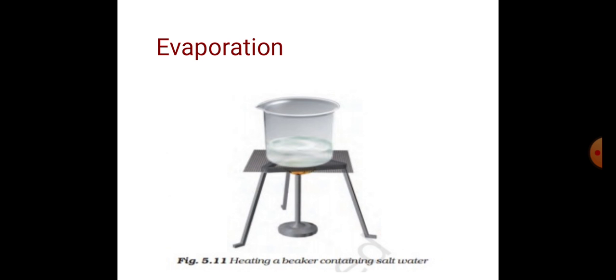Then put both things in a beaker and dissolve it properly. Place the beaker on a tripod stand as shown in the figure. Now heat the solution with the Bunsen burner.